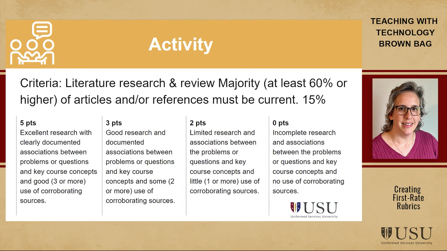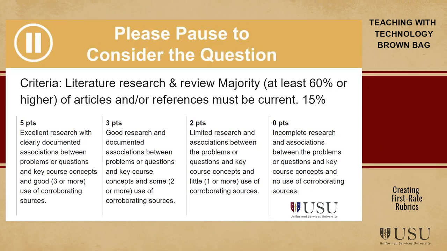That's the criteria for this particular row in a rubric, and then our levels are there for the criteria indicators. So what are your thoughts on what we could do to improve this, particularly about the criteria or the components, or even the performance levels that you see? Anything you notice that you would improve?